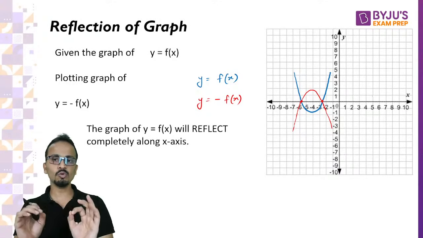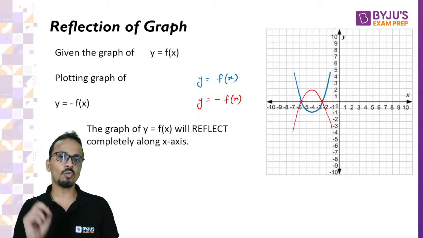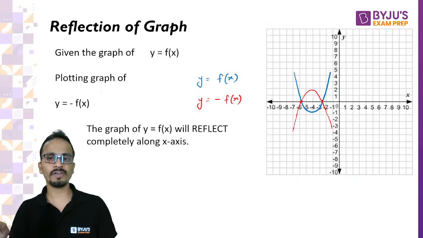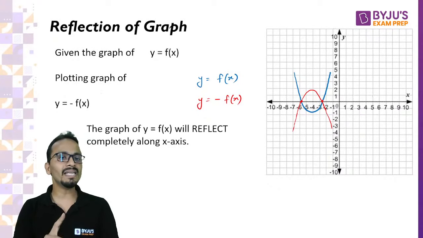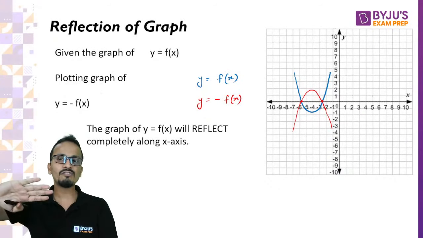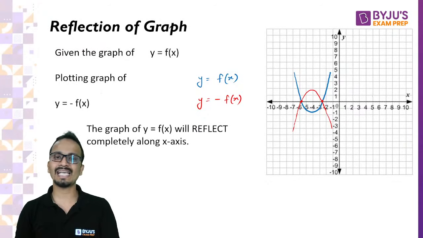Okay, so the blue graph will be entirely removed and the graph for y equal to minus f of x will be like this. Am I clear? Yes or no? Understood? Okay, so for y equal to minus f of x, the graph will be reflected along x-axis.